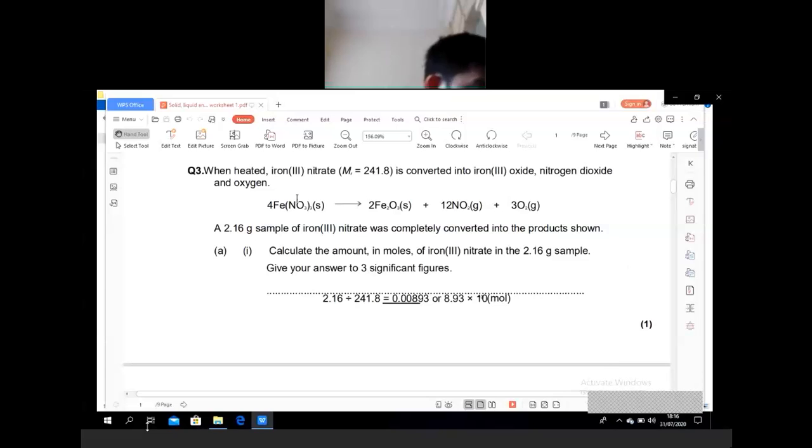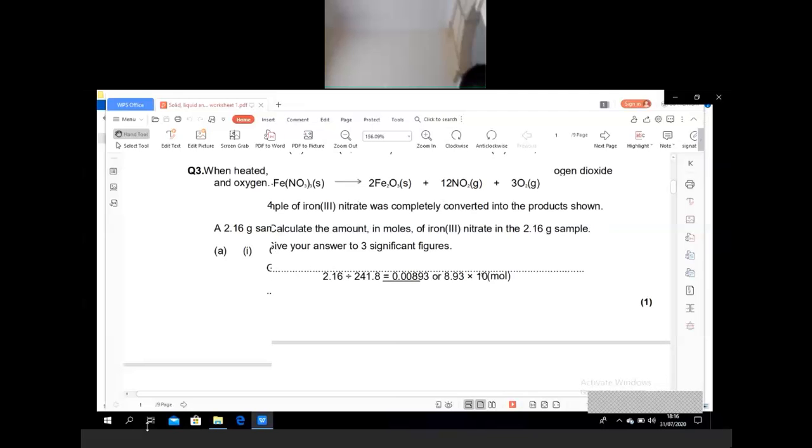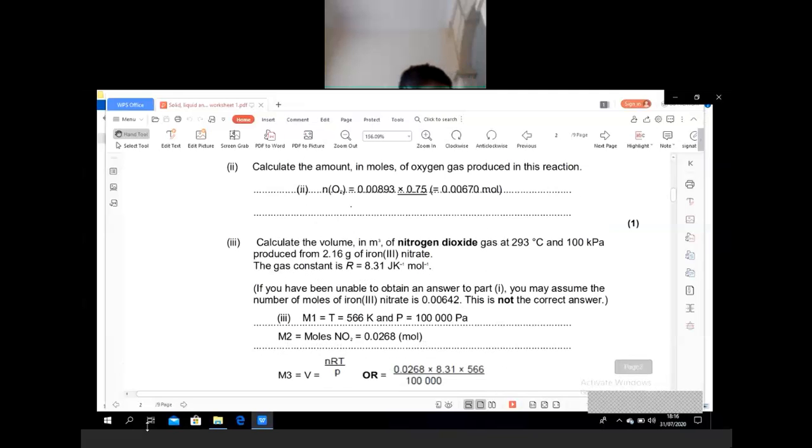So 0.00893 times 3 becomes 0.02679, or rounded off to the nearest number, 0.0268.